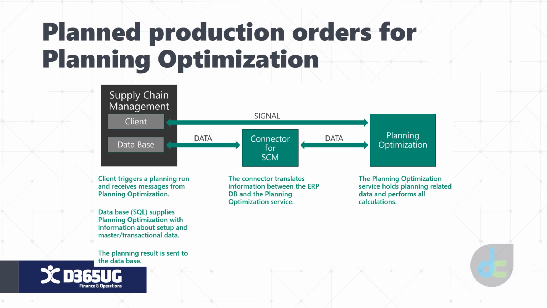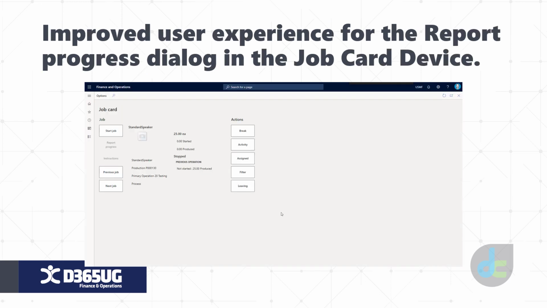So really cool feature, but it's unfortunately for distributors only. Once it's done crunching all those numbers, it sends the MRP run results back to F&O or supply chain, and that is the result of your MRP run.